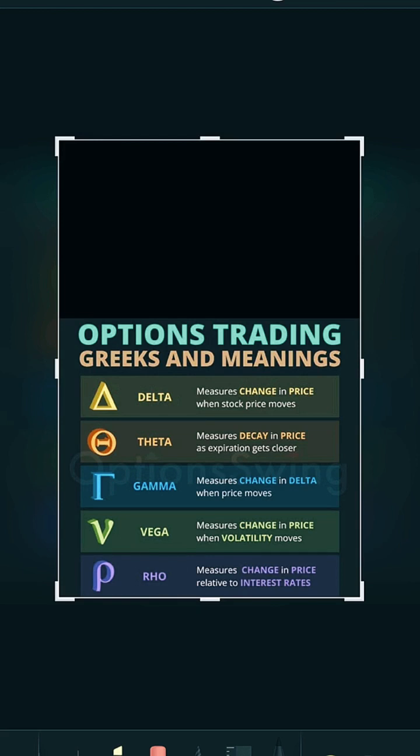Now, the gamma measures change in delta when the price moves. So the delta is going to be changed based off what the gamma is. Whatever the gamma is, that's how much gets added to the delta every time the price changes. And Vega measures change in price when volatility moves.